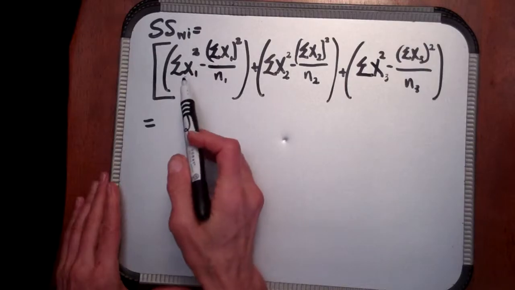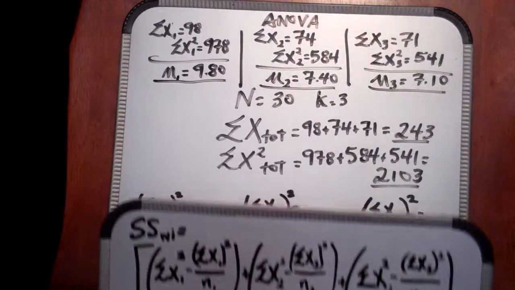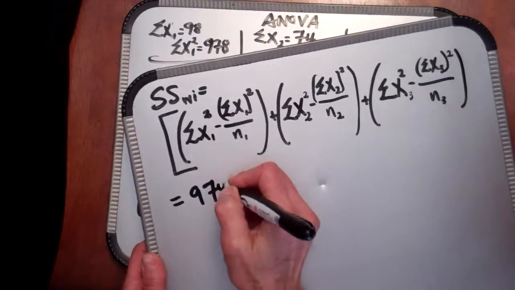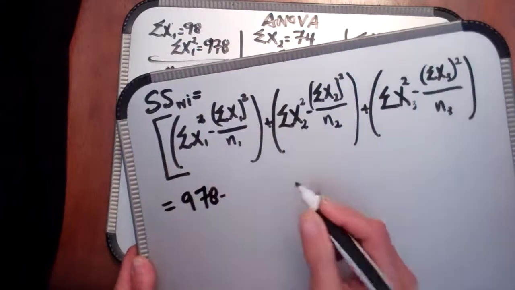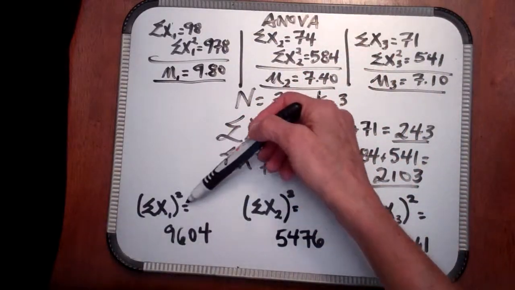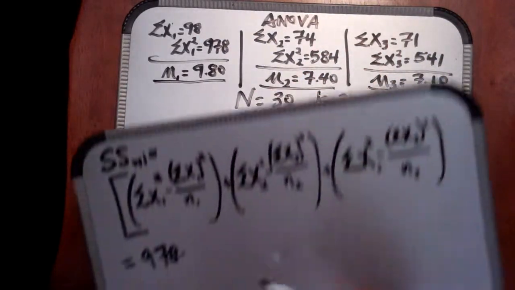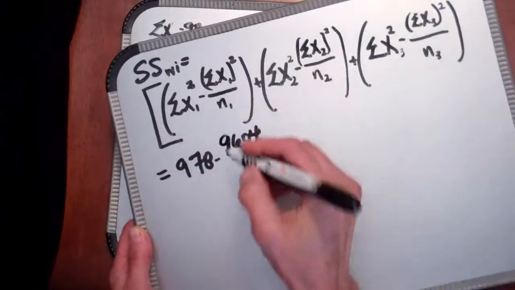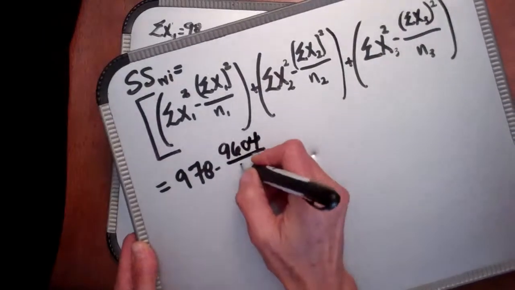First, we have sum of the x's squared for group 1. Sum of the x's squared for group 1 is 978, right? And from that we subtract the square of the sum of the x's, which is 9,604, divided by the group size, little n 1, which is 10.